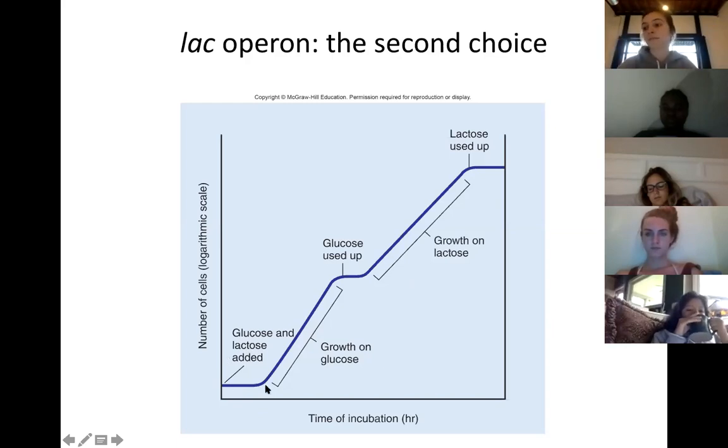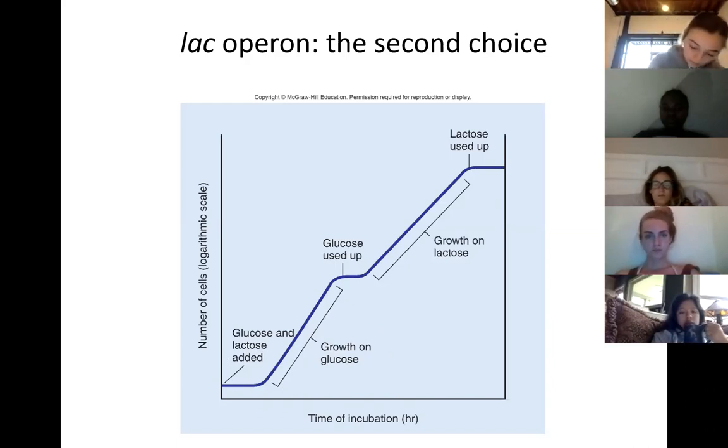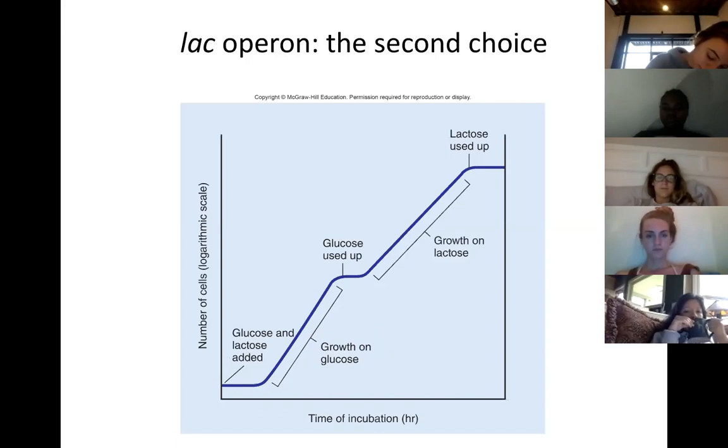So there's no growth. You then have exponential growth. Glucose, this is an important thing to point out, is for most cells the preferred energy source. The enzymes that are constitutively expressed and turned on are those that utilize glucose. And so we get enough of those enzymes ready to go. We utilize glucose, exponential growth.